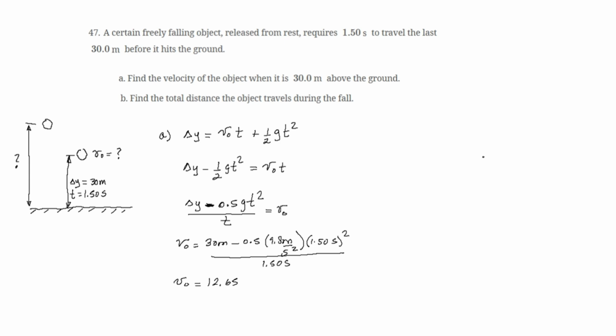Well, this is the speed, so this is just the magnitude. If I want to show this as a velocity vector, we say that this initial velocity was 12.65 meters per second downward. Right?